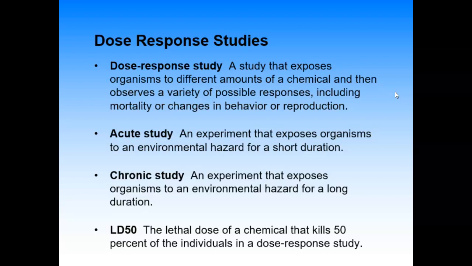An LD50 study is one, again, that you are going to be doing, observing what a lethal dose is for a chemical that will lead to 50% of that population that has been exposed to that chemical to die. So again, LD50 is going to be the lethal dose of 50% of the individuals exposed.